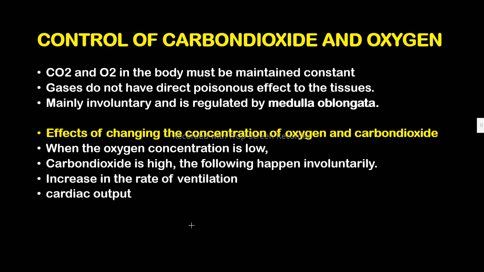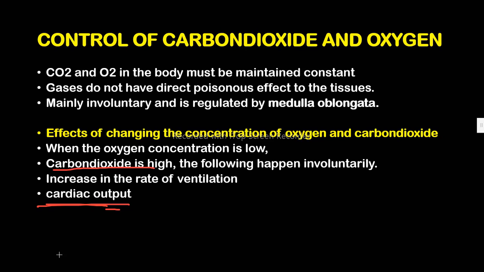Number 2, the cardiac output. This is the volume of blood that is pushed out by the heart in one single minute. So the volume of blood that is pushed out by the heart in 1 minute increases, so that you push blood to the tissues to pick up the carbon dioxide that is high there, and then you push much blood to the respiratory system, to the lungs, to pick up oxygen from there, and then you expel much carbon dioxide to outside the body.